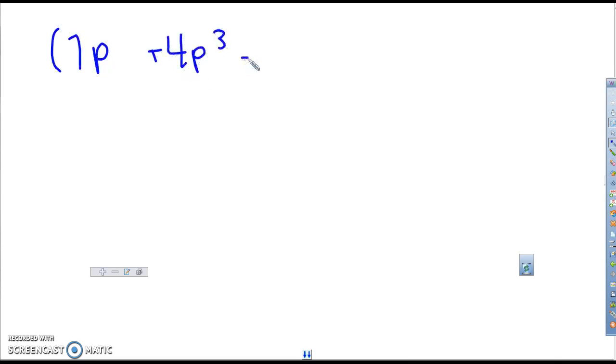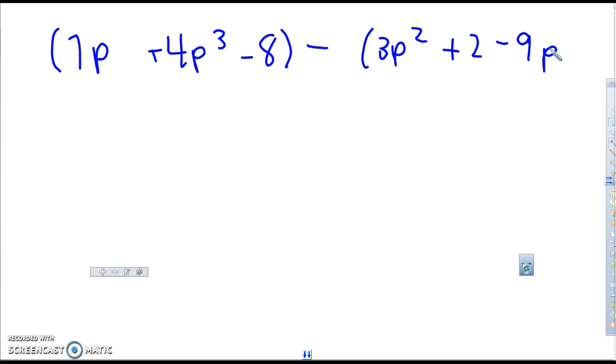Try this next one on your own. 7p plus 4p cubed minus 8 minus 3p squared plus 2 minus 9p. I'm going to distribute this.